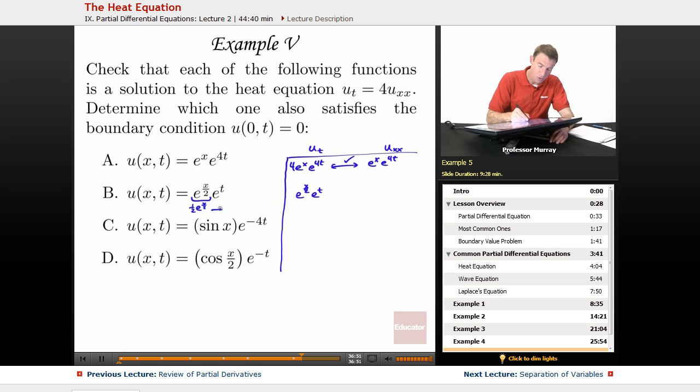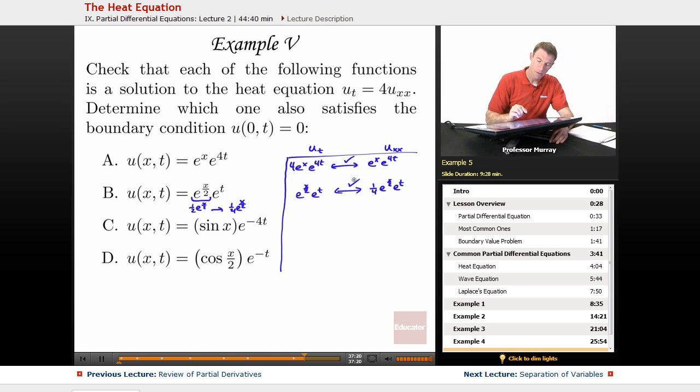If you take a second derivative, you get 1/2 times 1/2, so 1/4 e to the x over 2. And then the e to the t just comes down as a constant, so we get 1/4 e to the x over 2 times e to the t. If you compare those to each other, you do see that the left-hand side is 4 times as big as the right-hand side. So again, we have a solution to our partial differential equation.